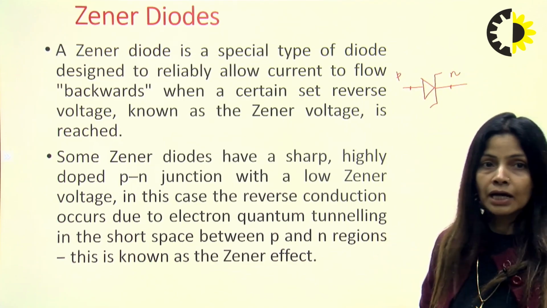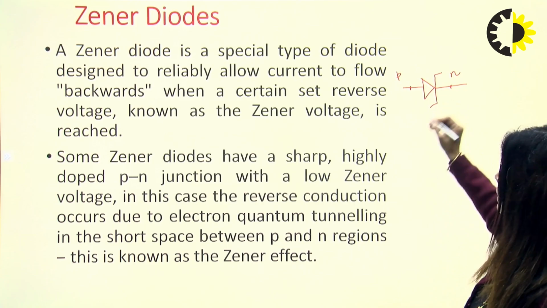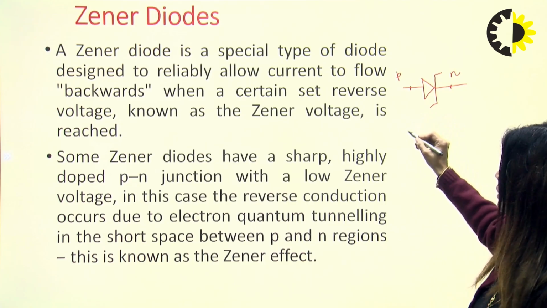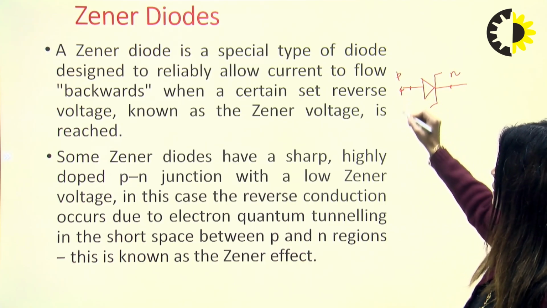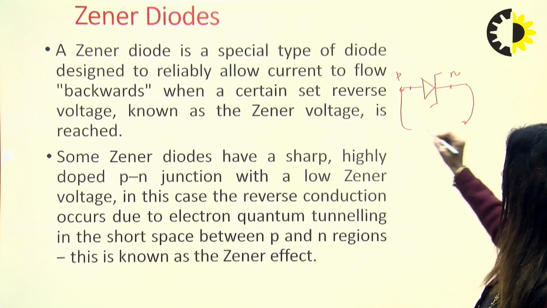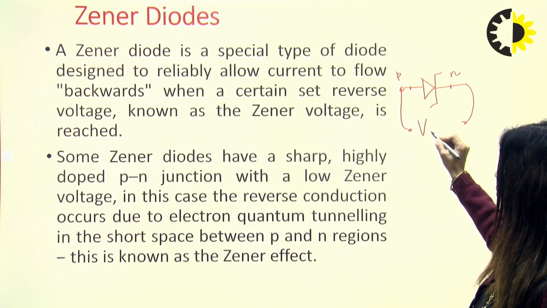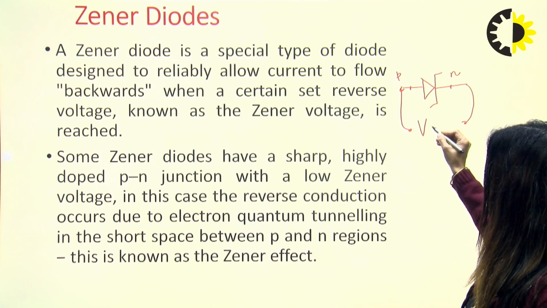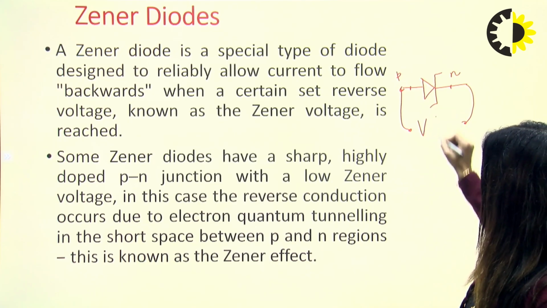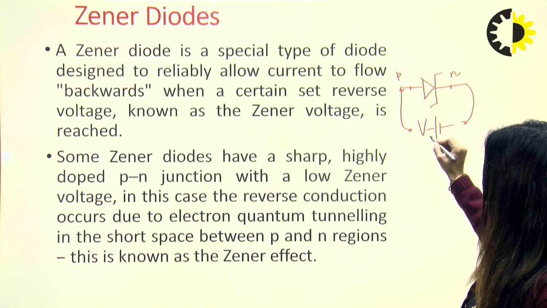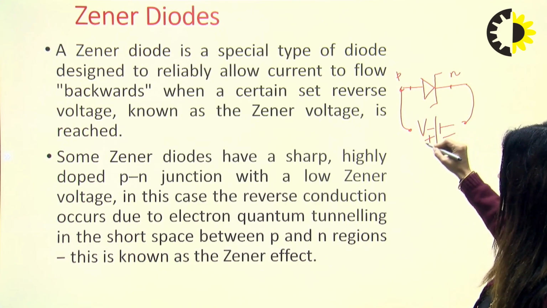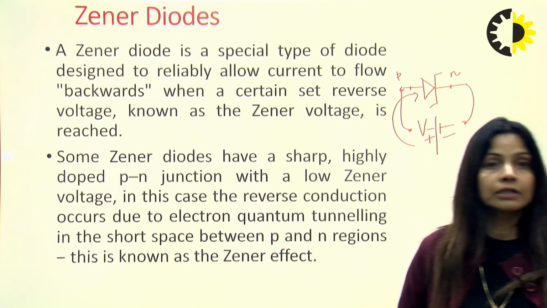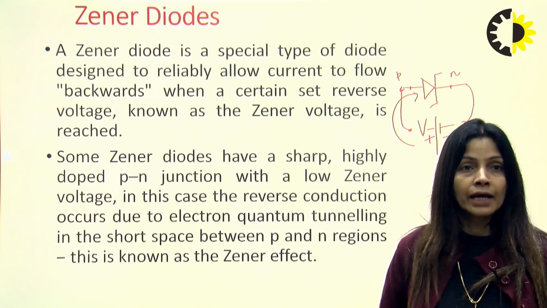When I apply a voltage V to this diode, if it is connected like this, positive this side, negative this side, then this positive voltage will put the Zener diode in forward bias condition, as we all know.